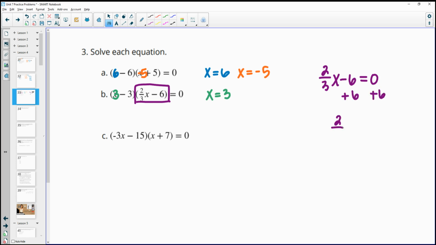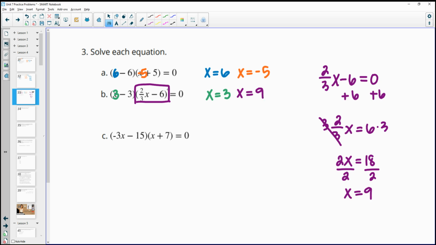So then we would have 2/3 x plus 0 equals 0 plus 6, which is 6. Then we could multiply both sides by 3 to undo this dividing by 3. And we would have 2x equals 18. Then we could divide both sides by 2 to undo the multiplication by 2. And we would get x equals 9 as our other solution here.